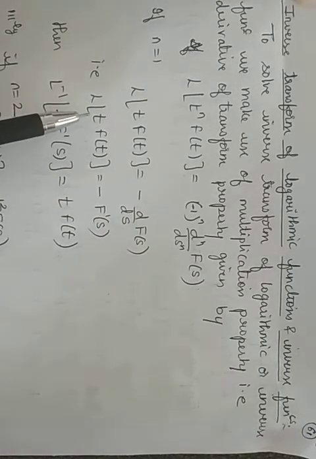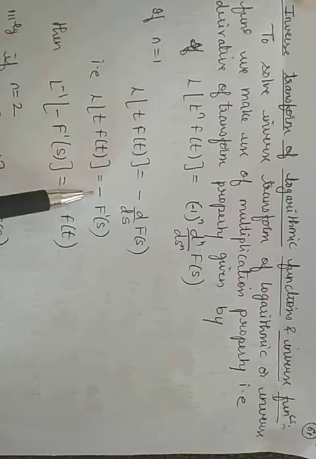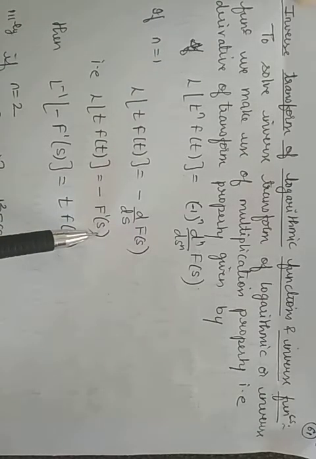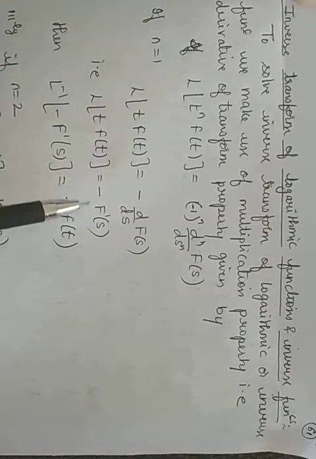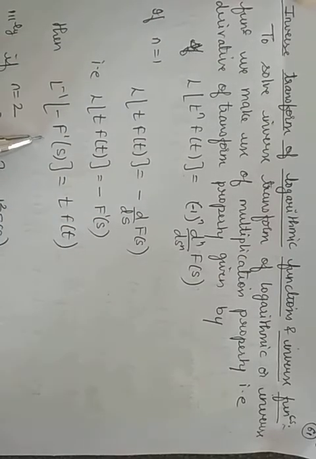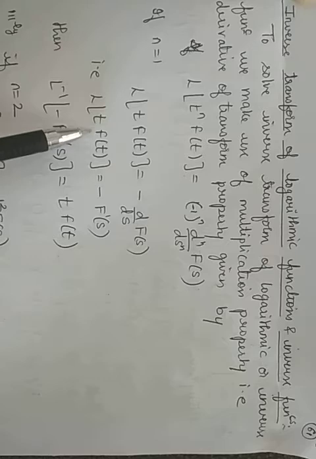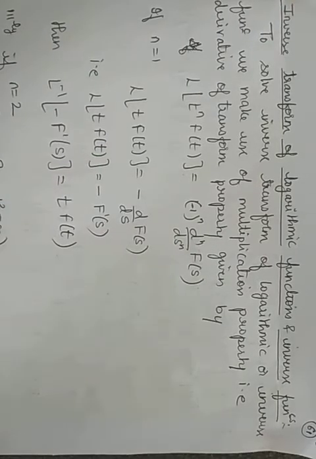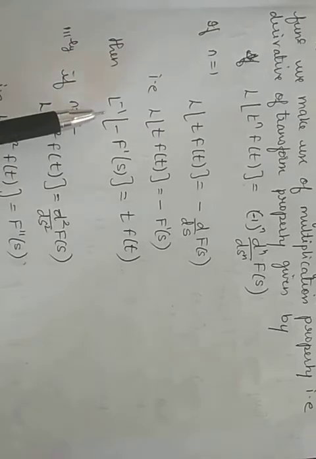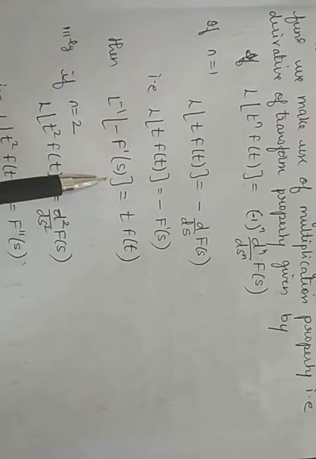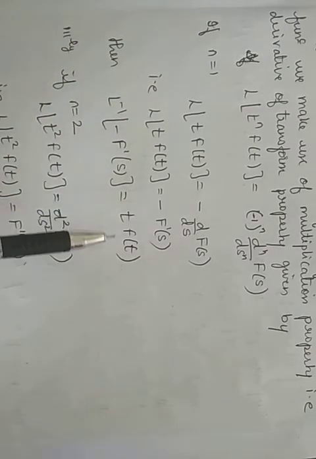This is, Laplace transform of t into f of t will be equivalent to minus f dash of s. If the L operator comes this side, it will become L inverse of minus f dash of s, which has the answer t into f of t. This concept we are going to make use of in problems. That means L inverse of minus f dash of s will be substituted as t into f of t.